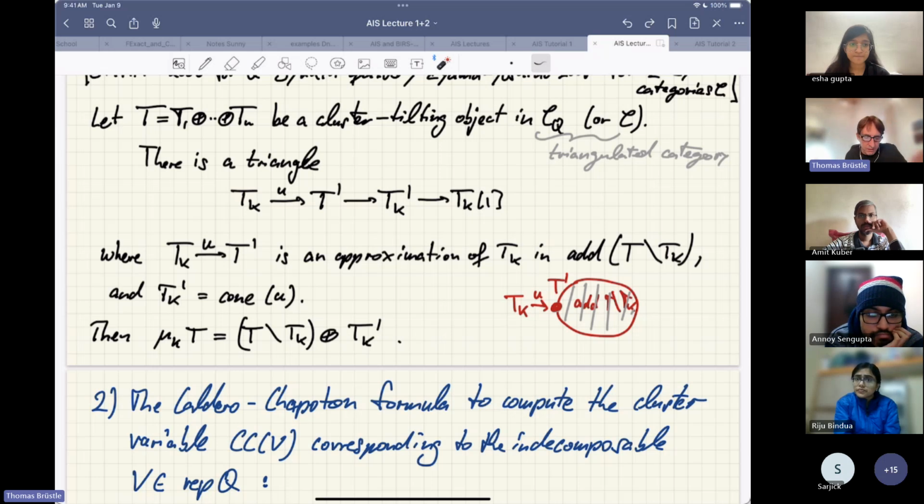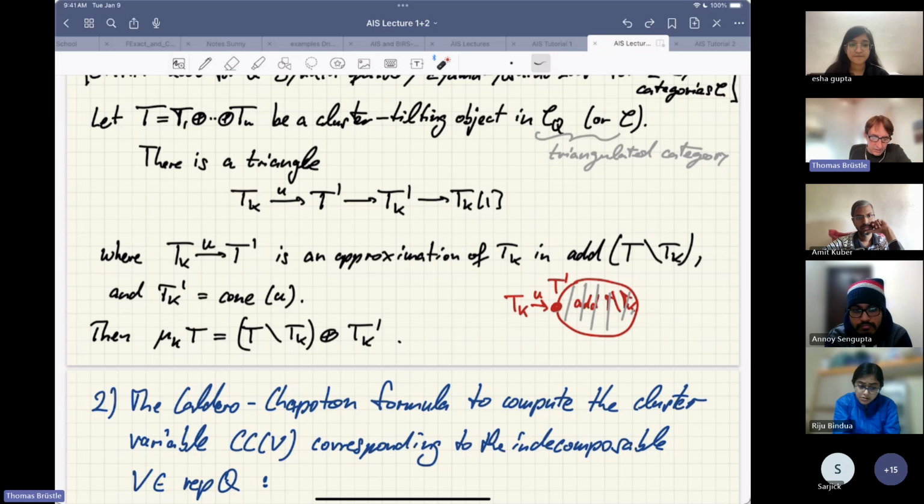But can I do that without going through the knitting procedure, starting from the initial variables? Is there a direct formula? Directly, give me V, what is the cluster variable? That's a good question. And it has an answer.